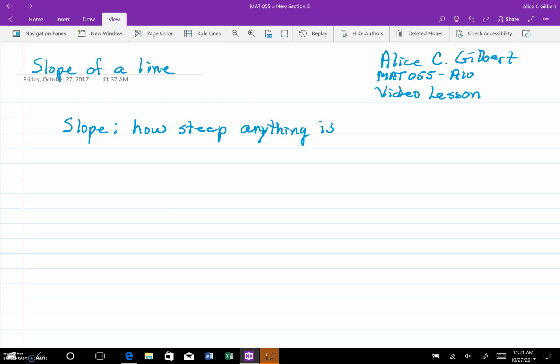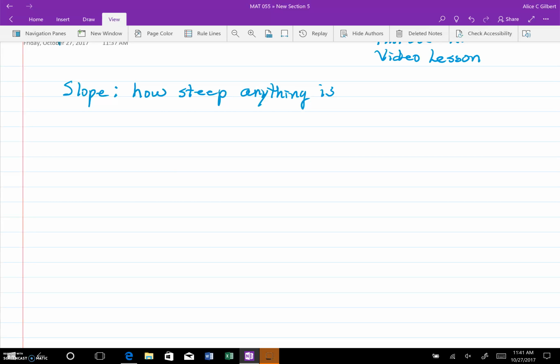So I talked before about the slope formula. Okay? M equals y sub 2 minus y sub 1 over x sub 2 minus x sub 1. Some of you may actually know it as rise over run. Okay?